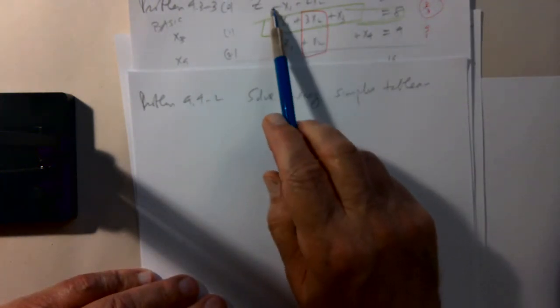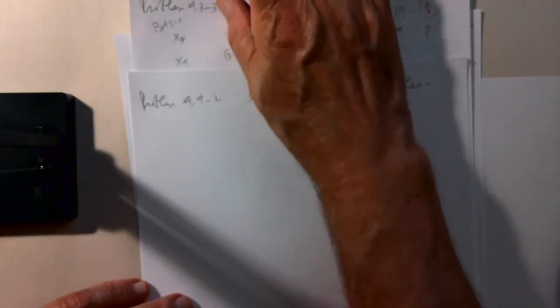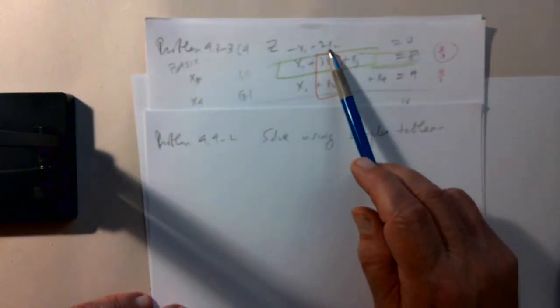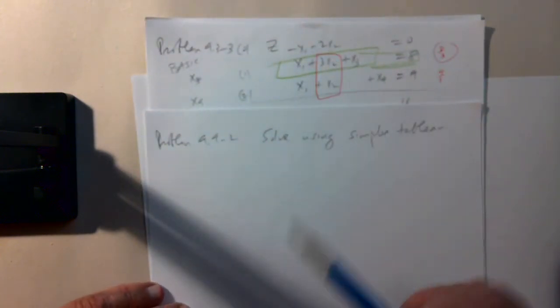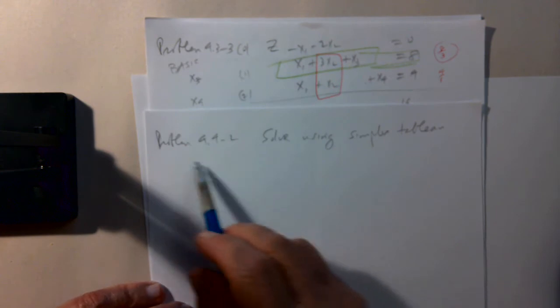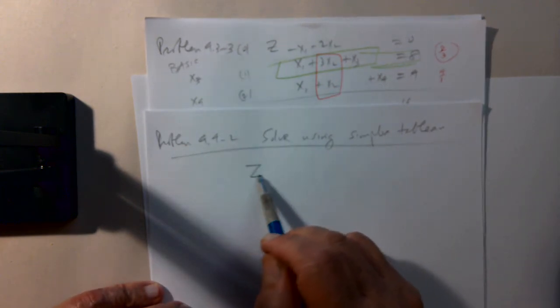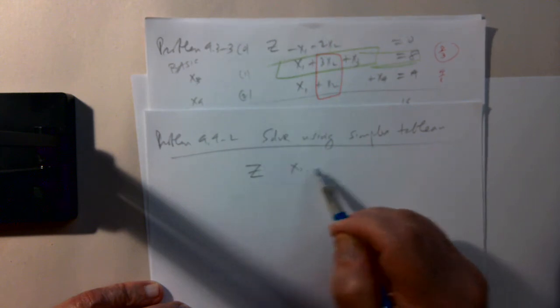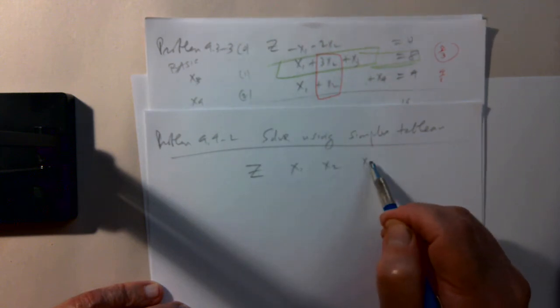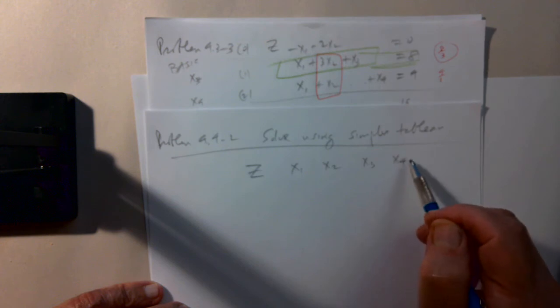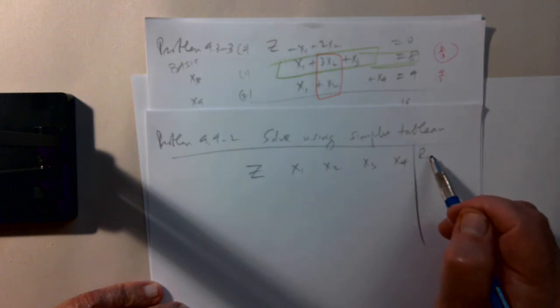So what that means is we just take our equations and translate them into tableau form. So here is the objective function, and these are the two constraint equations. So I'm going to have the following columns: z, x1, x2, x3, x4, and then the right side.